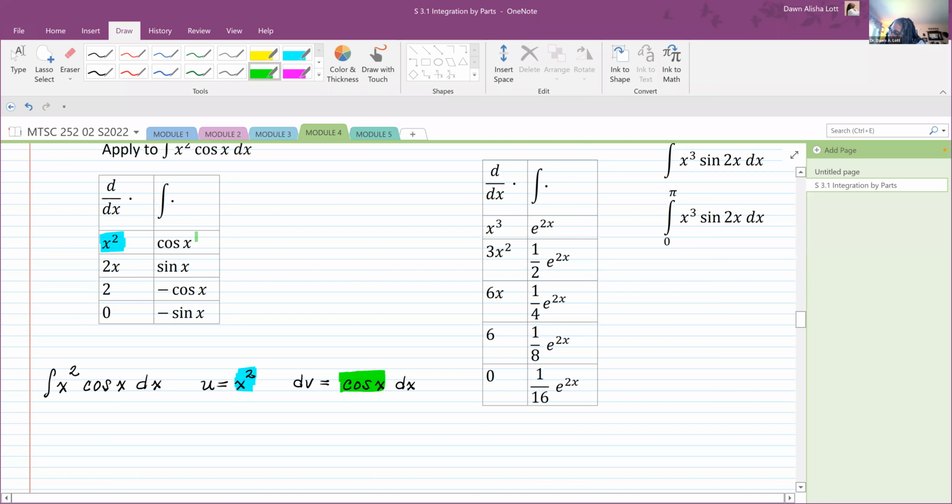I don't need the dx for this part, I just need the function. So on the left-hand side, we are going to differentiate. See the d dx. So we start with x squared, derivative 2x, derivative of 2x is 2, the derivative of 2 is 0.